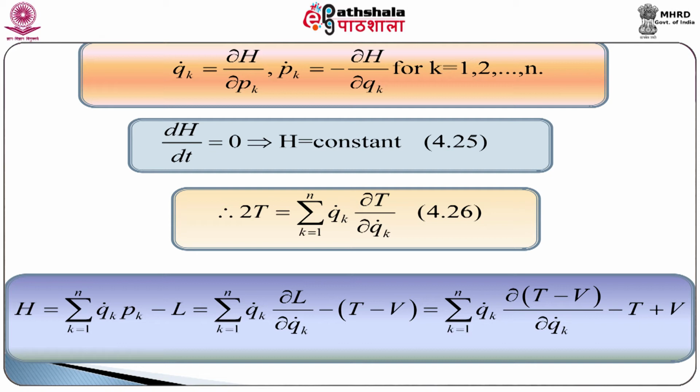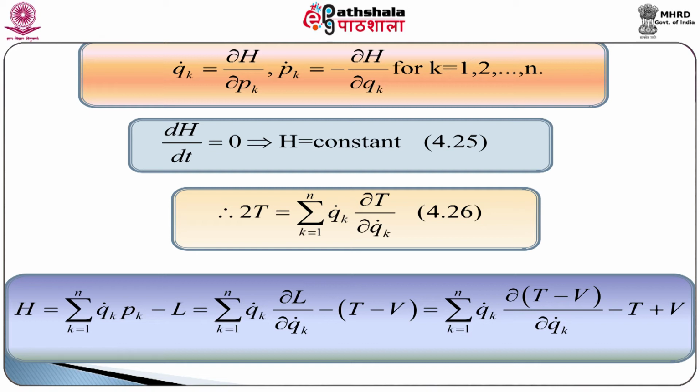Thus, we have H equal to summation k equal to 1 to n Qk dot into Pk minus L equal to summation k equal to 1 to n Qk dot del L del Qk dot minus (T minus V).